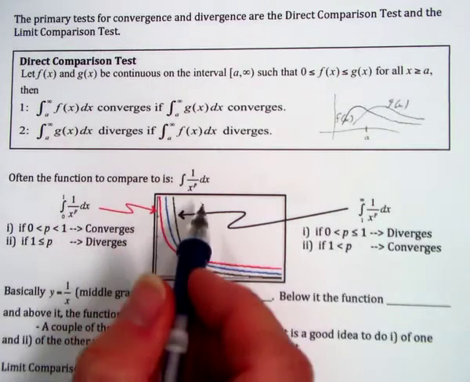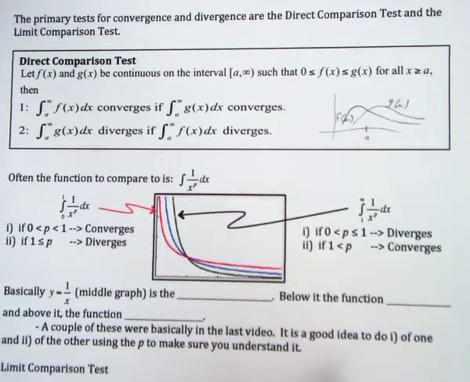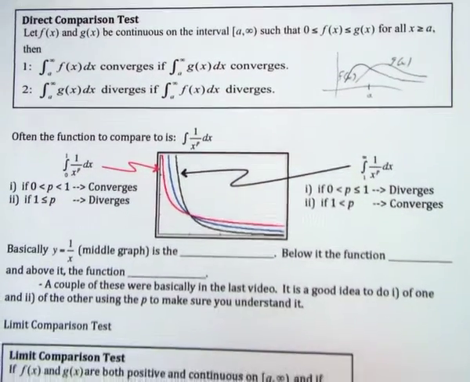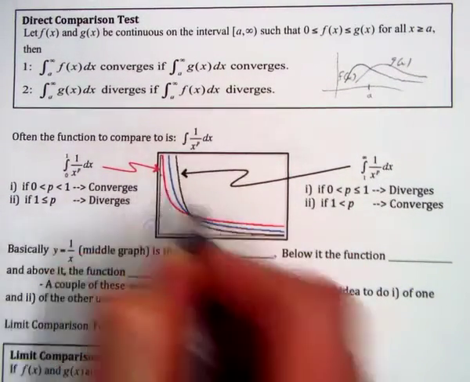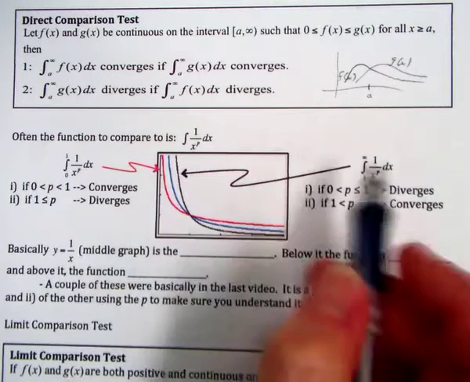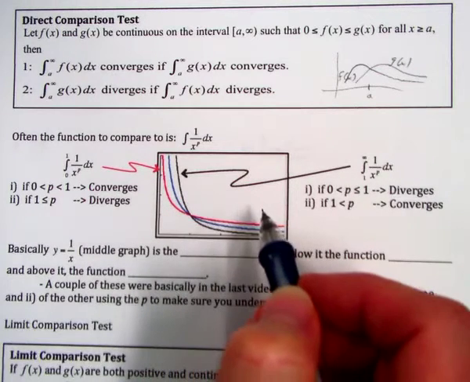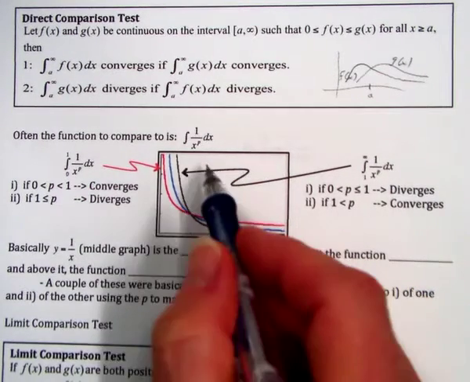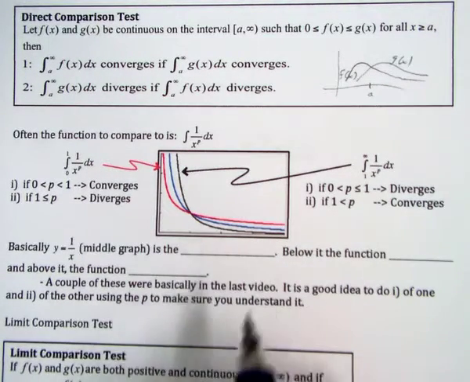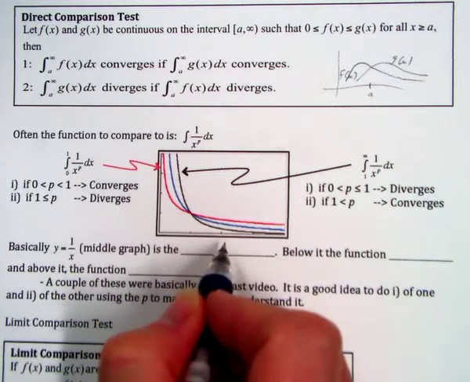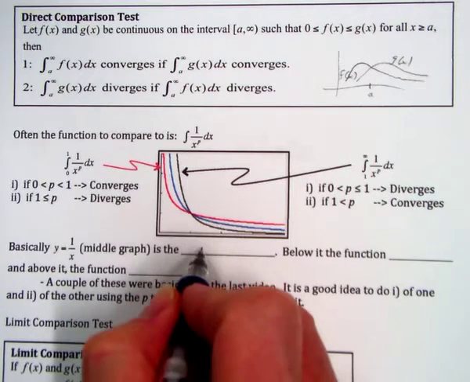Often the function we're going to compare to is 1 over x to the p. And here are a couple of graphs. The middle one is 1 over x. This one over here in red is 1 over square root of x. And the one in black is 1 over x squared. Basically, I'm not going through all of it. We did a couple of these in the last video. But the 1 over x graph is the cutoff graph.